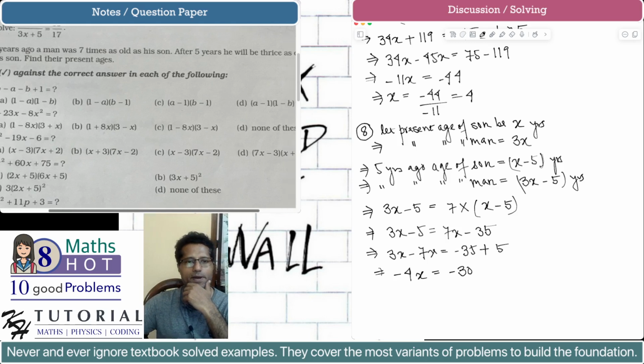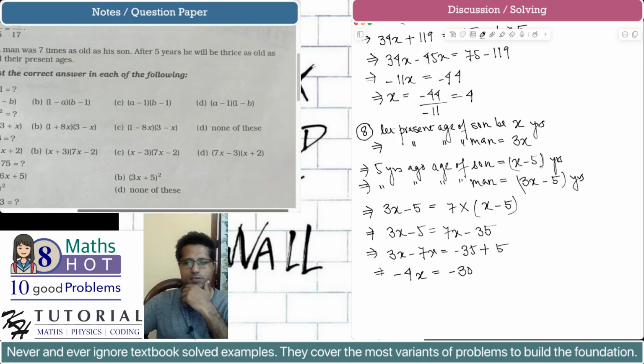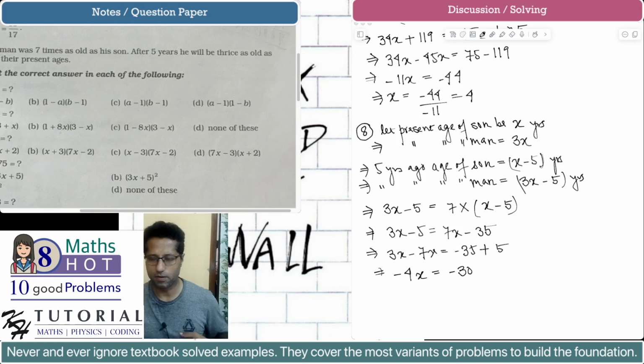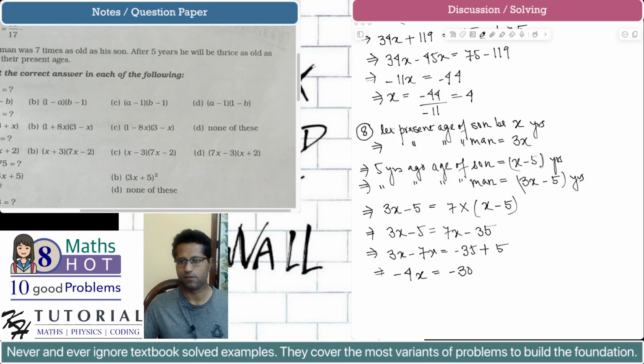5 years ago, a man was 7 times as old as his son. The present age of the son we have considered to be x. 5 years ago, the age of the son will be x minus 5. So if we have assumed the present age of the son to be x years, then definitely the present age of the man will be 3x. Oh, sorry. I'm wrong.